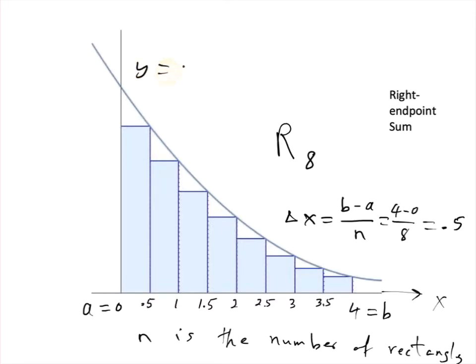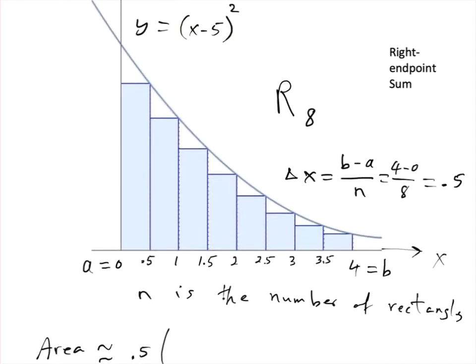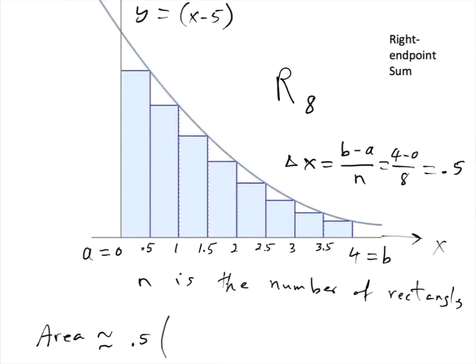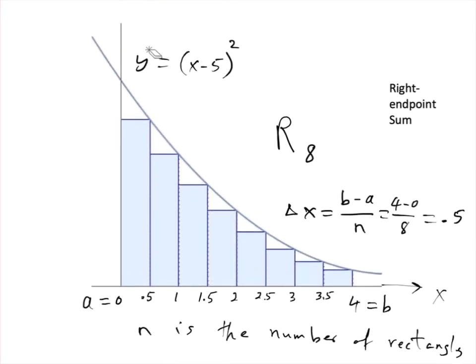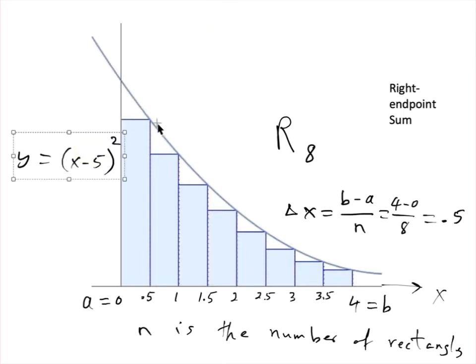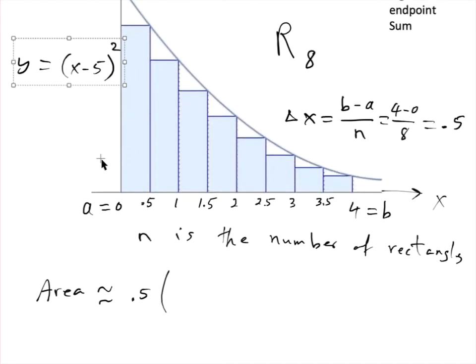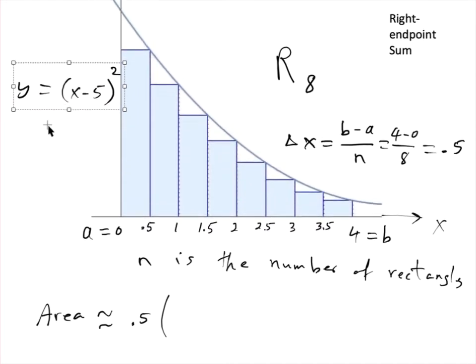So the y is x minus 5 quantity squared. So to estimate that, let me put it here so it fits in one slide. Okay.